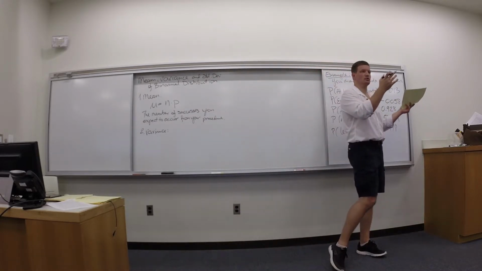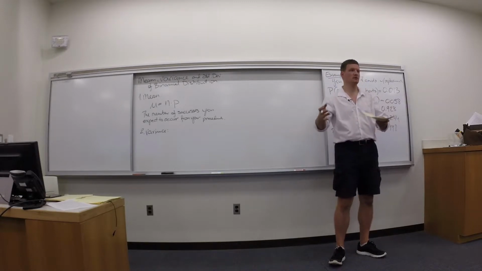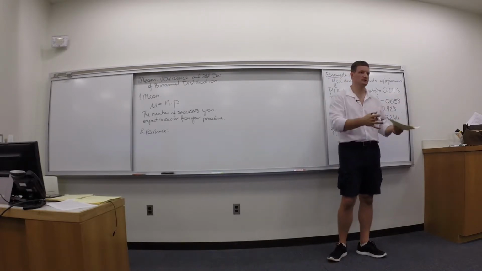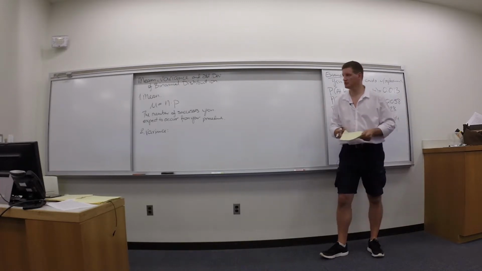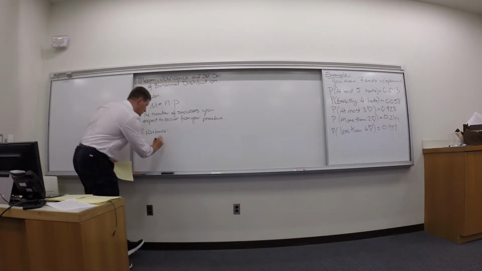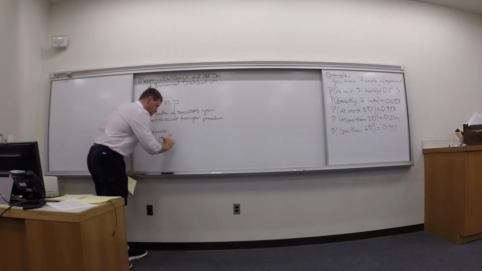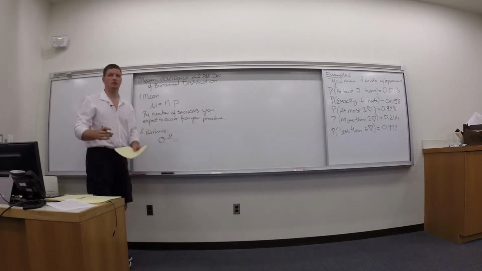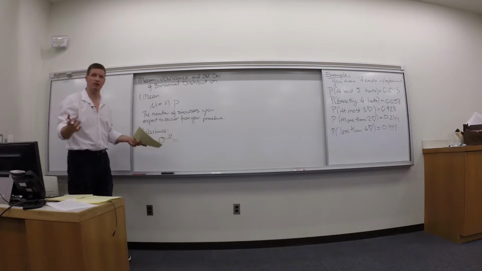One way to do it was range, the other one was standard deviation, right? Variance is a part of standard deviation. It's the square of standard deviation. So when we're looking at variance, we should be looking at how the data is spread apart.